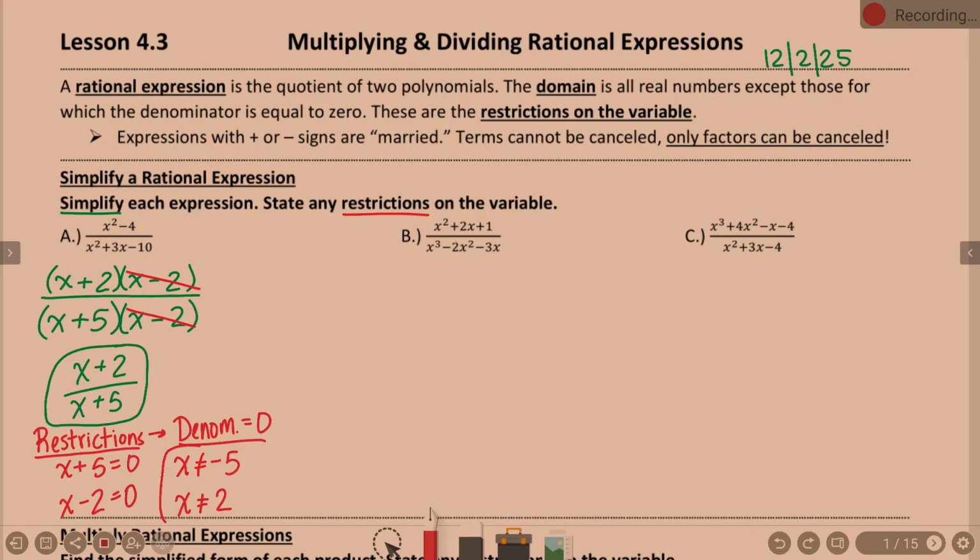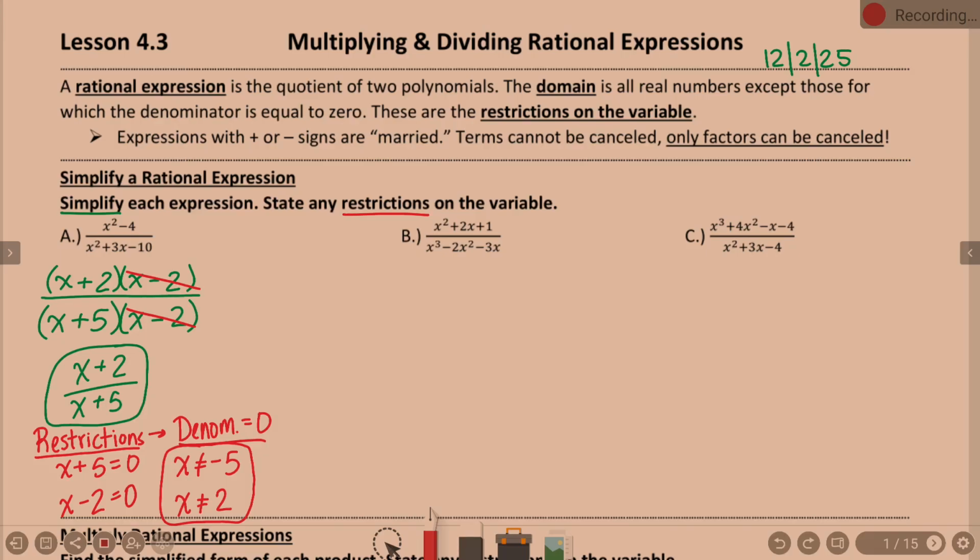X cannot equal 2. So we have two restrictions on the variable here. Okay, x can be anything we could possibly dream of, except x cannot equal negative 5 or 2, because that would make my denominator 0. If my denominator is 0, that fraction doesn't exist. Okay? Questions there?